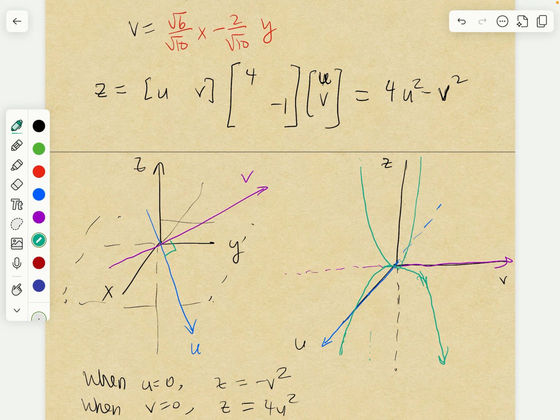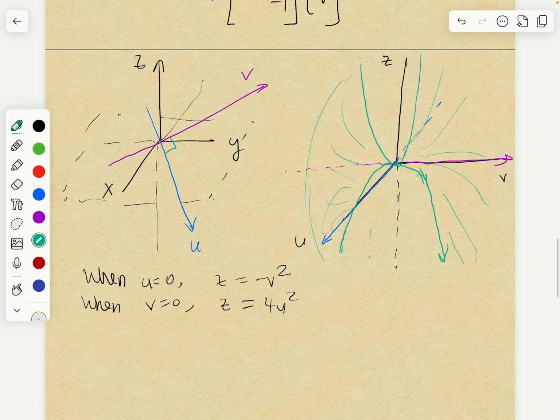And so the graph of this function is this odd shape, and the point 0, 0 is a saddle point.